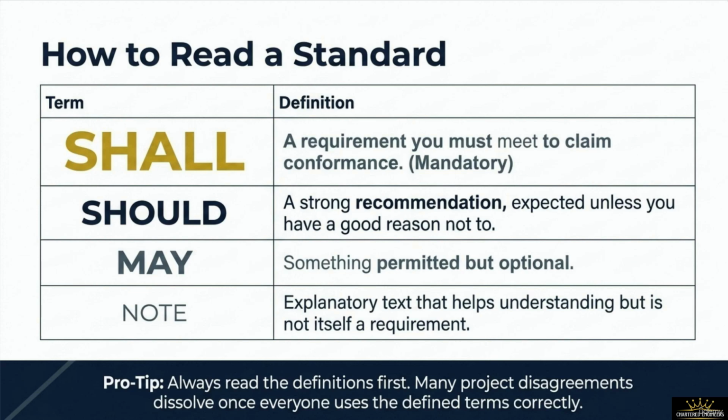Fourth, a note serves as purely explanatory text designed to build conceptual understanding, but it carries absolutely zero contractual requirements. Here is a professional tip. Always read the definitions section of your contract documents first. Most project disagreements dissolve the moment everyone uses defined terms correctly. Let's see how these verbs connect to the wider family of international standards.